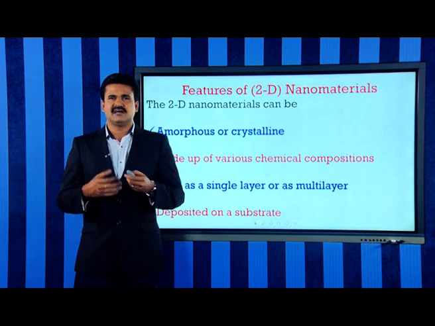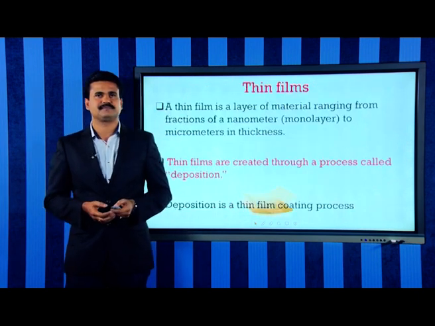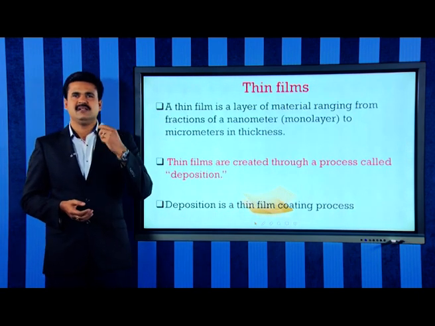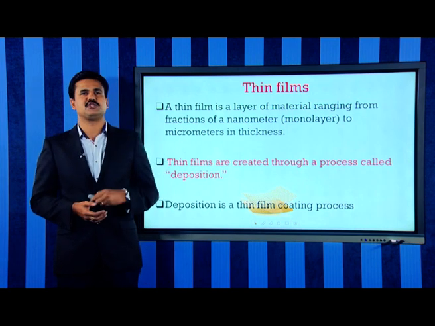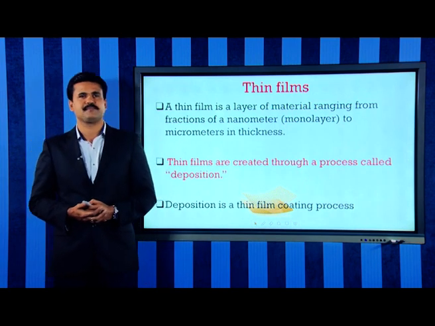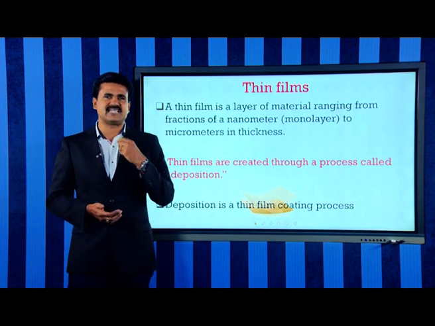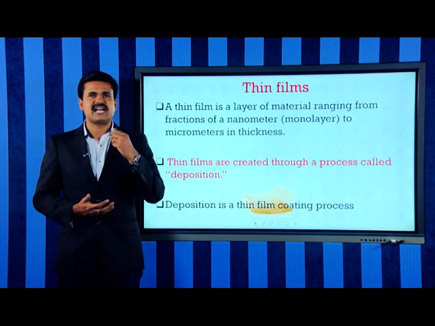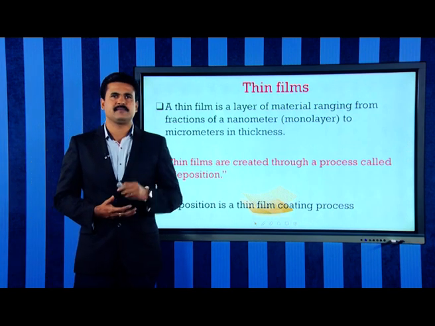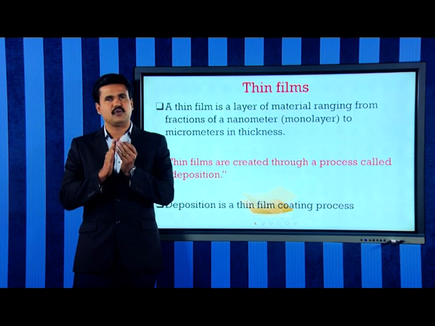And regarding the examples, thin films are beautiful examples for two-dimensional nanomaterials. A thin film is a layer of material ranging from fractions of a nanometer to micrometer of thickness.